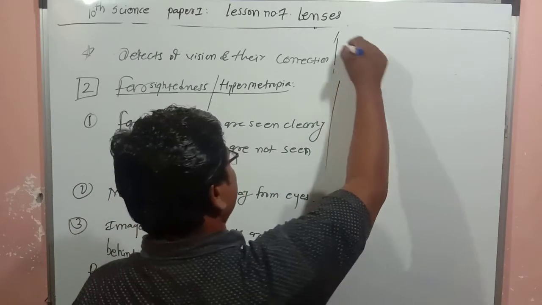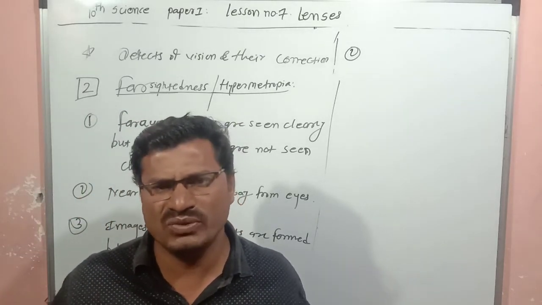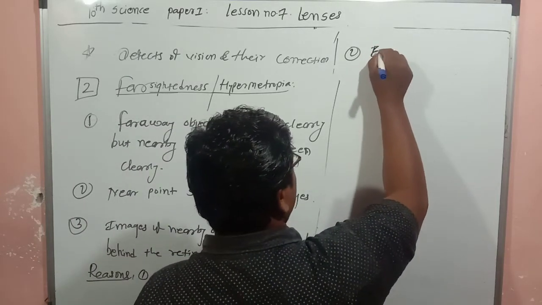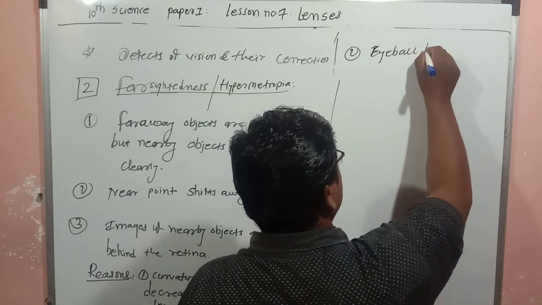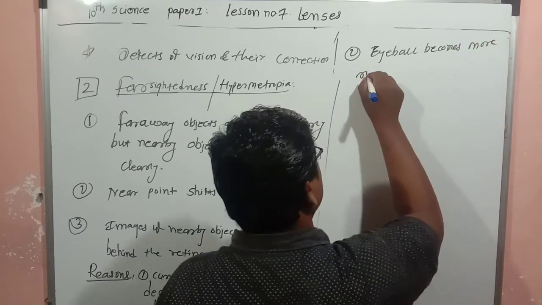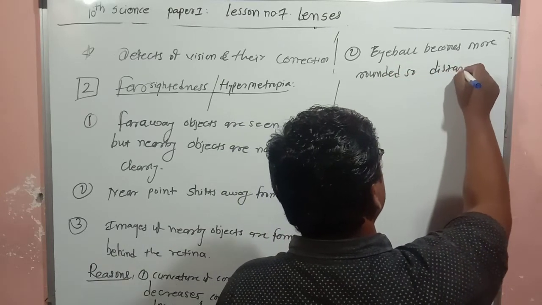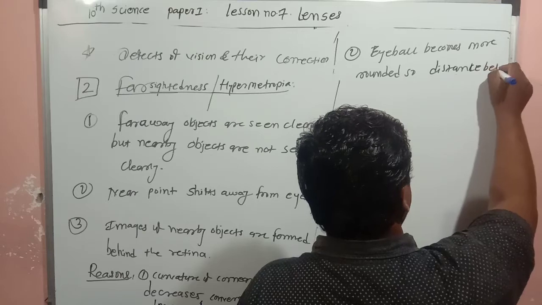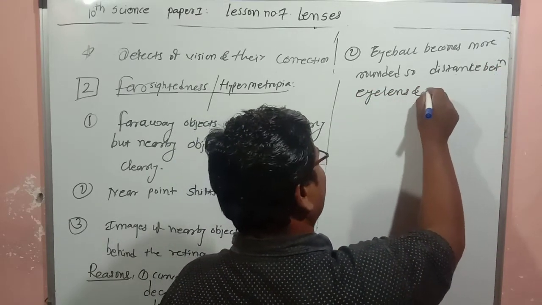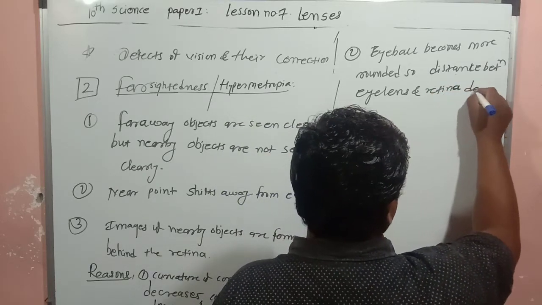Second reason, the eyeball becomes more rounded, so the distance between the eye lens and the retina decreases.